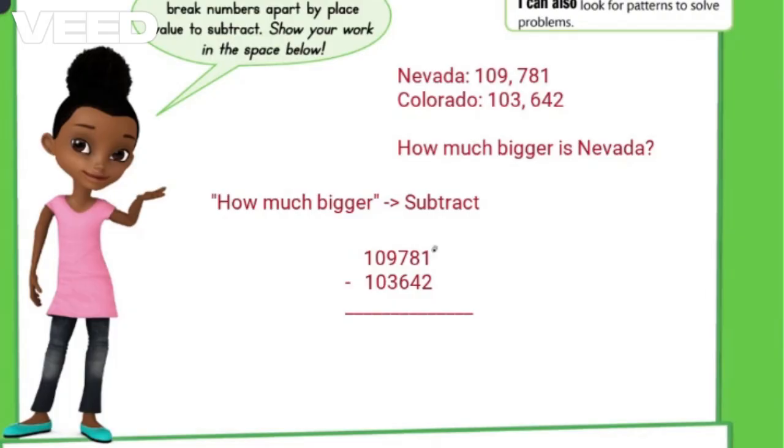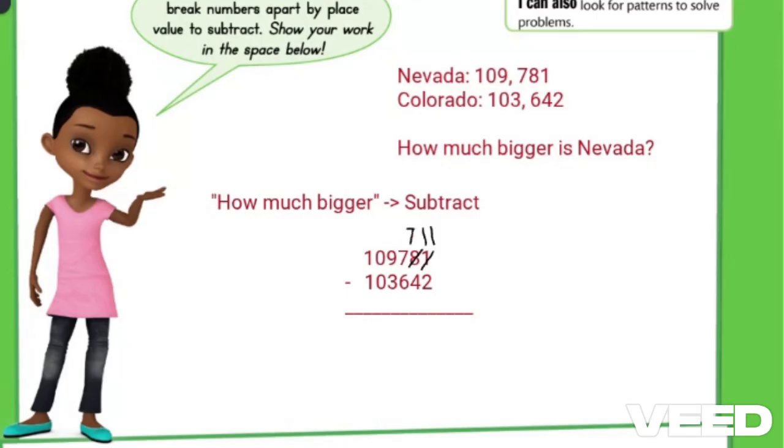So that 1 is going to get 10 added to it, so it's now 11. And the 8 to the left of it is going to decrease by 1.